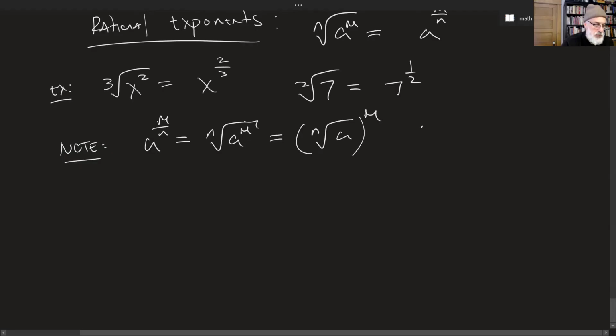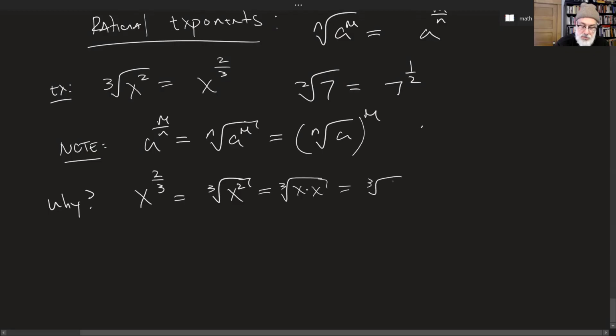Now, why is that true? It's convenient. We're glad it's true, but why is it true? Let's look at an example. Let's say x to the 2/3. So I know I can write that as the cube root of x squared, which is the same as writing this as the cube root of x times x.